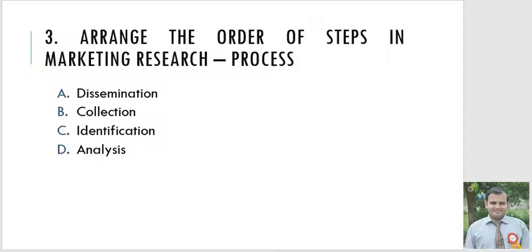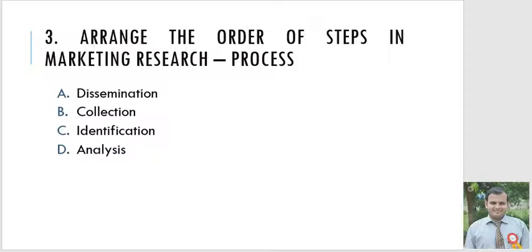You have to arrange them in a sequence. For example, if as per you the first step is analysis and the second one is dissemination, your order will start from D, A. In a way, you have to give the sequence from the total four options given. The options are haphazard, you have to arrange them in a sequence.